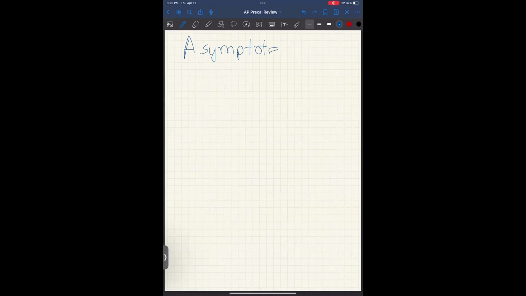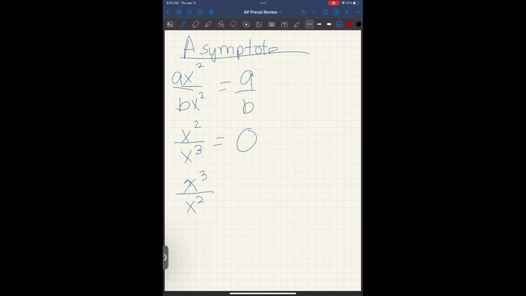No, I got it. So asymptotes, you have when, let's say ax over bx squared, the asymptote is going to be at a over b. When I have x squared over x cubed, 0 is where my asymptote is. Now, when I have x cubed over x squared, it is not applicable.